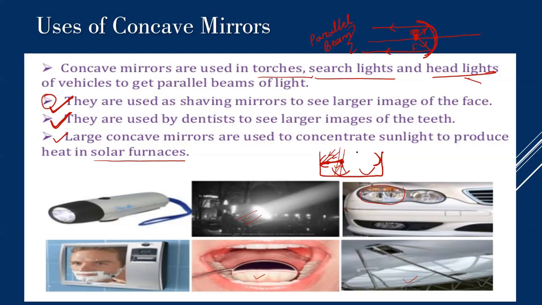The entire heat is getting concentrated at one point, and we are able to get heat in a concentrated form over here. For example, any food material which we want to cook or heat up will get heated up. Okay, so this is the way it is used in solar cookers and solar heating furnaces.